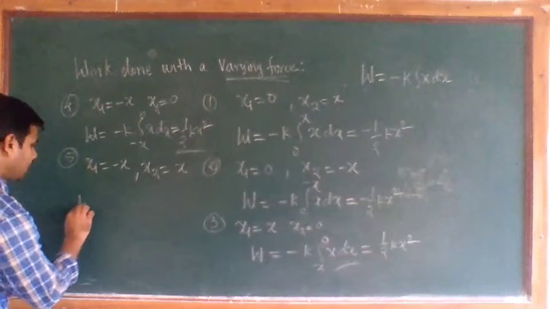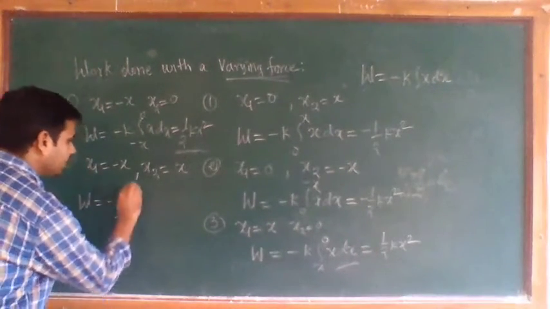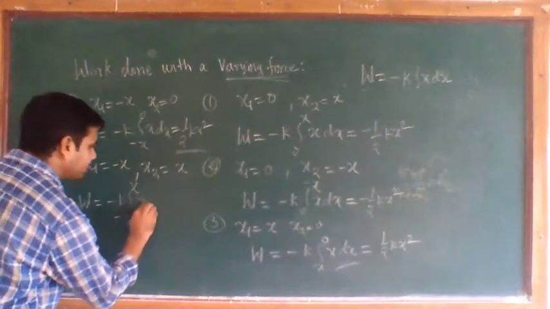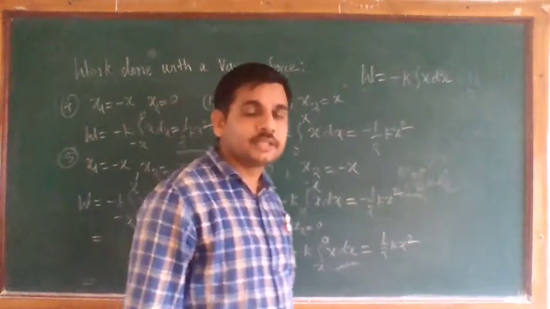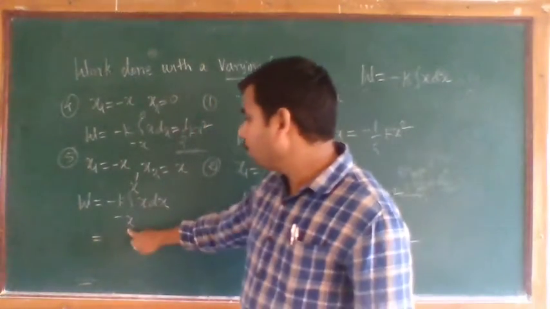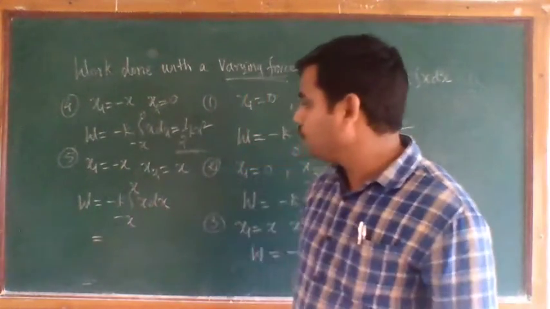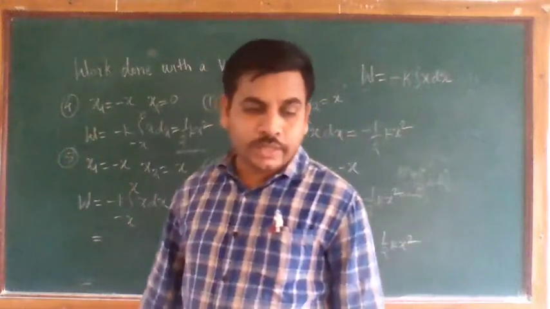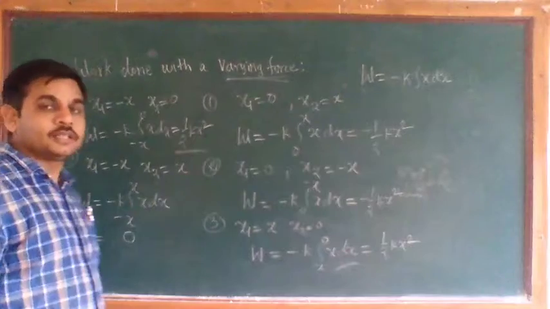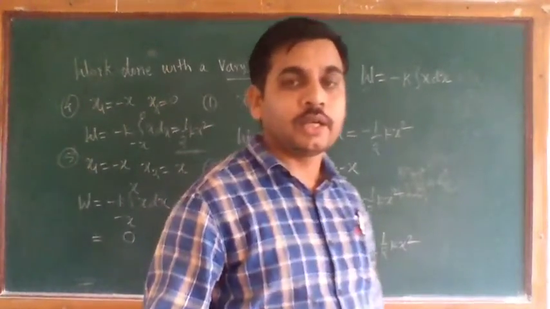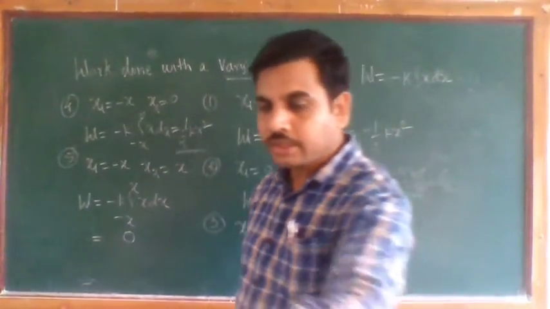Then the work done will be W is equal to minus k times the integral of x dx from minus x to x. If you integrate this and put in the values from minus x to x, you get the total work done which is nothing but 0.